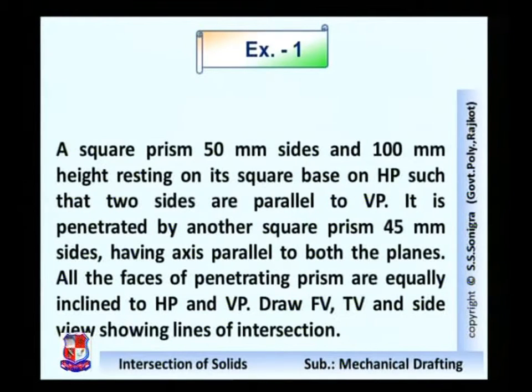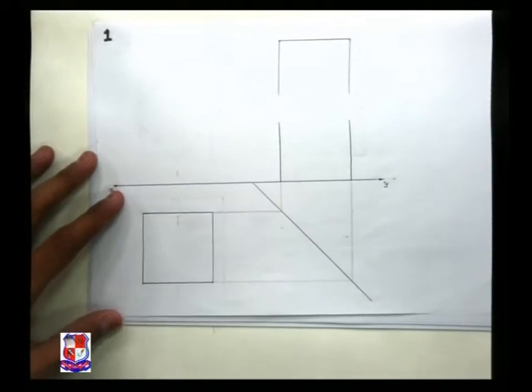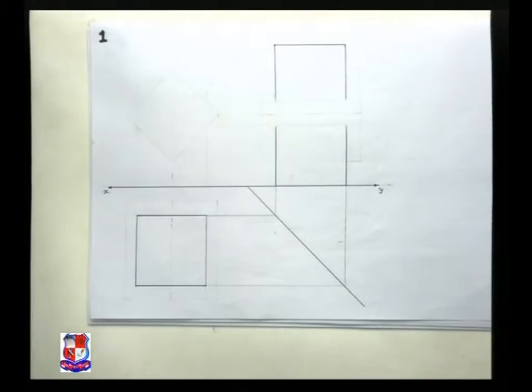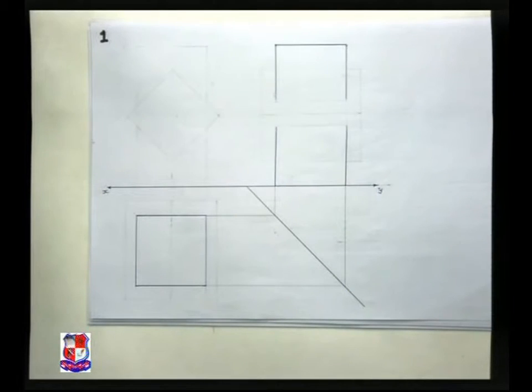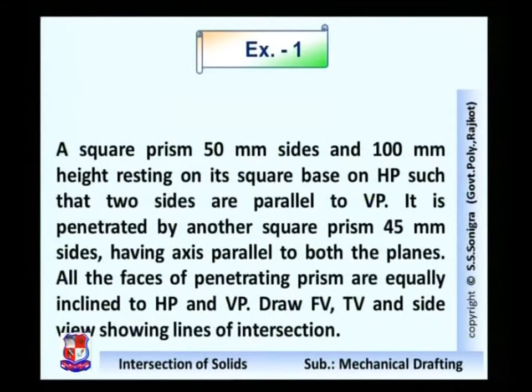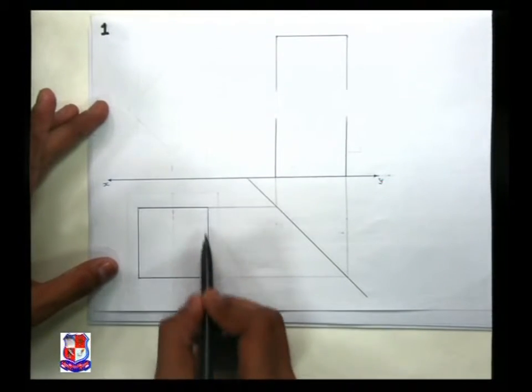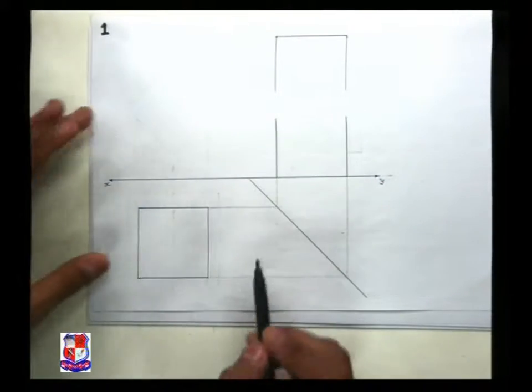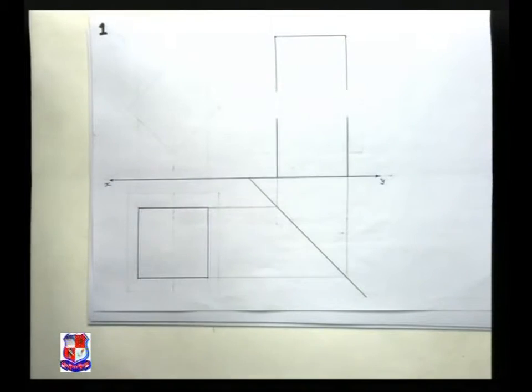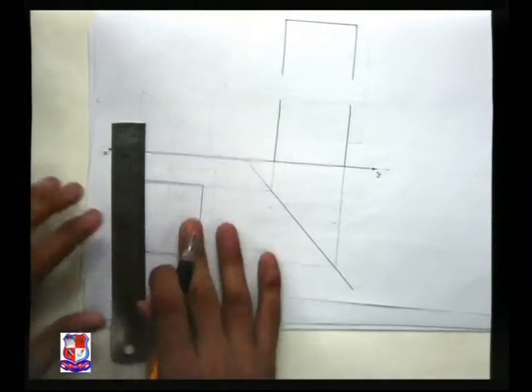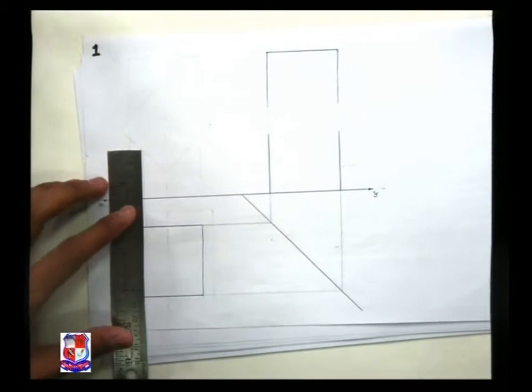First we draw its top view as it is drawn over here. Its top view is a square having side length which is given as 50 mm. So first we draw this square as drawn over here, square having side length 50 mm, and its front view. To draw its front view, let me take projection from its top view.